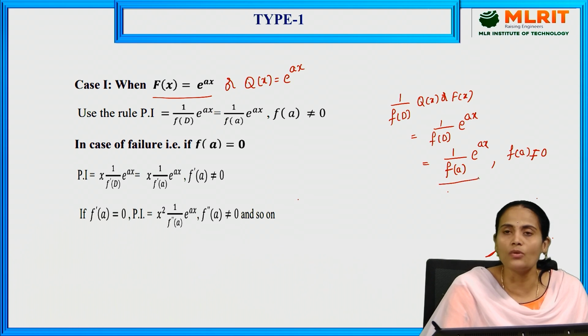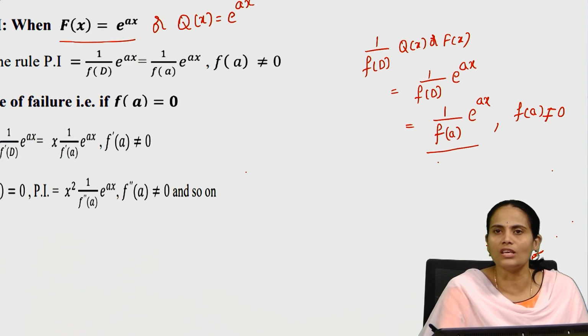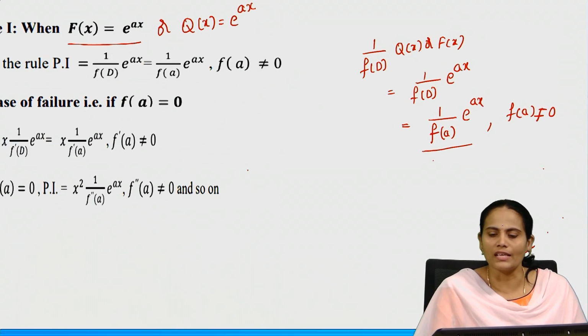Then we can say 1 by f of a into e power ax is a particular integral of f of D into y is equal to e power ax.